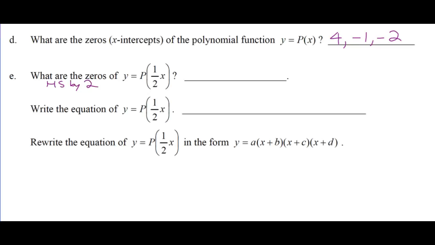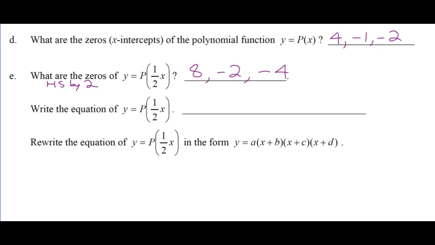Okay, so where's the 4 now? Horizontally stretched by 2. Moves to 8. Where's the -1? Where's the -2? So those are my new intercepts, right? Because they're on the x-axis, that's not the line of stretch, right? But they're twice as far away from the y-axis as they were before.